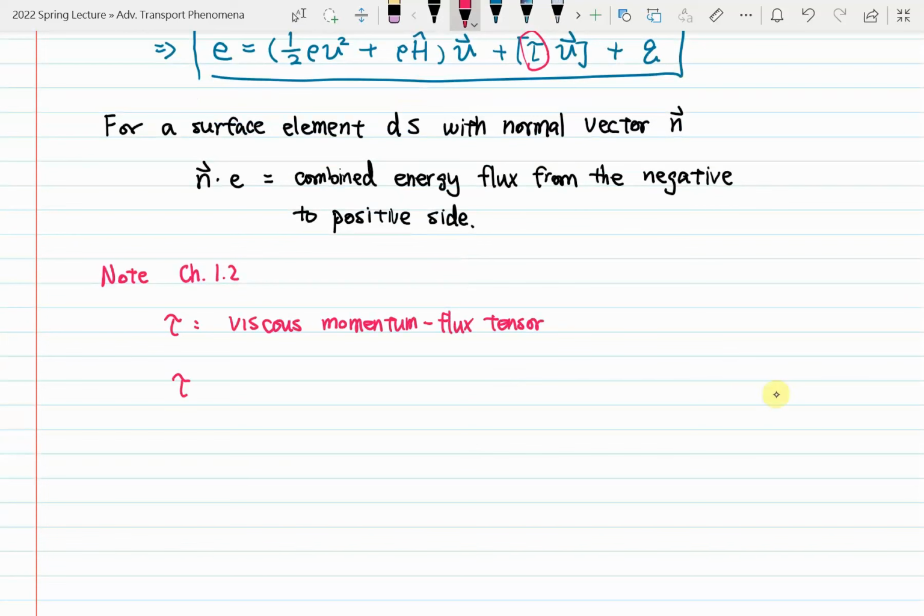And tau equals negative mu times gradient v plus gradient v star, plus 2/3 mu minus kappa times delta gradient v.